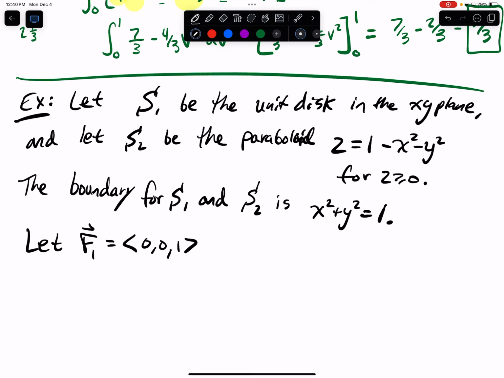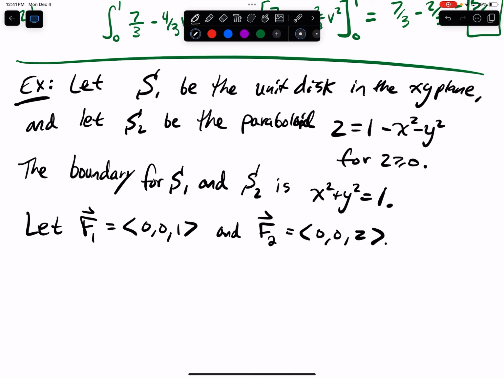So it's a vector field that pushes up 1 unit everywhere. And I'm going to let F2 be the vector field that's 0, 0, z. So the only difference is now the z component tells you how high up to go. As it goes up higher, the vector field pushes harder in the z direction.